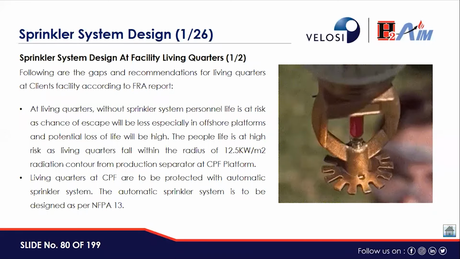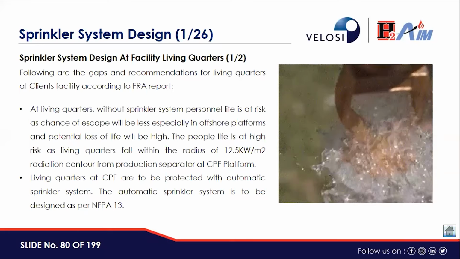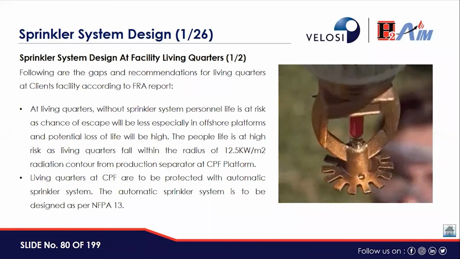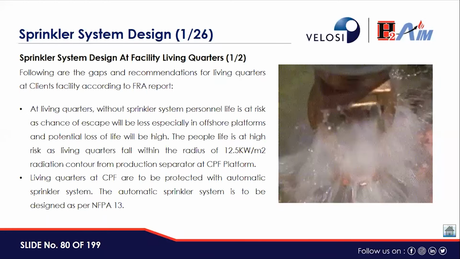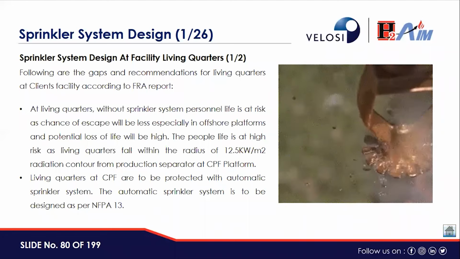People's lives are at high risk as living quarters fall within the radius of the 12.5 radiation contour from the production separator at the CPF platform. So these were basically the gaps and recommendations.